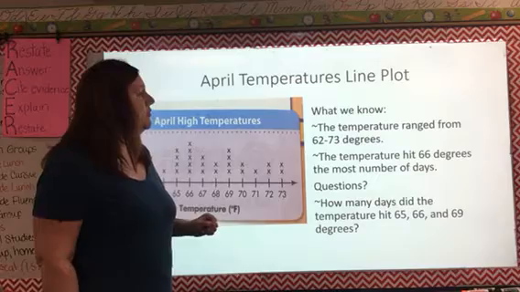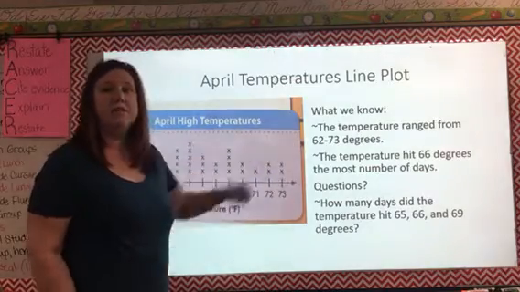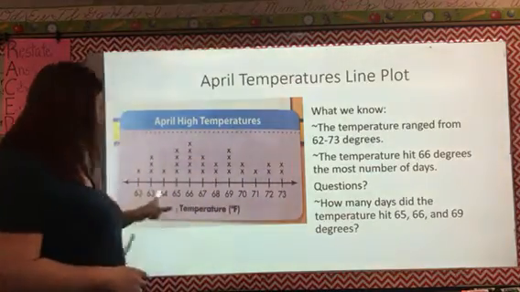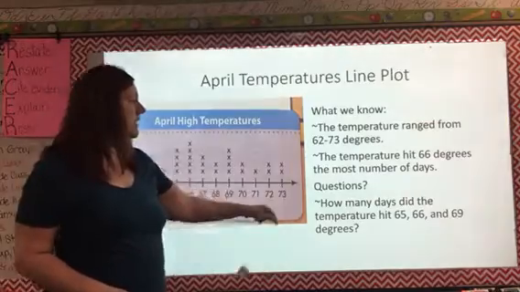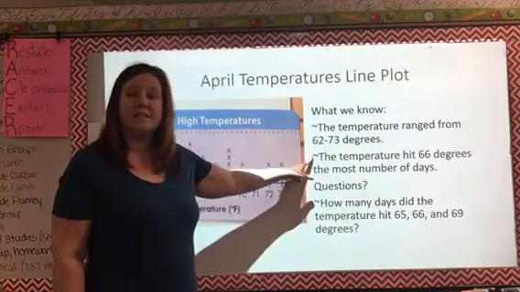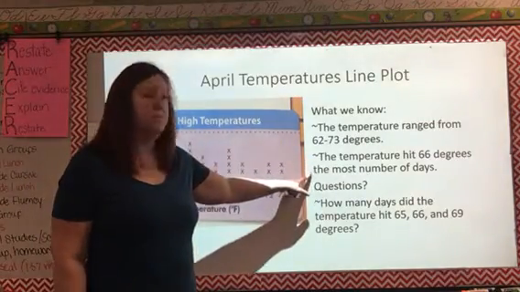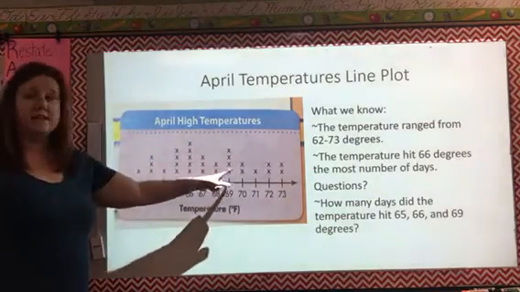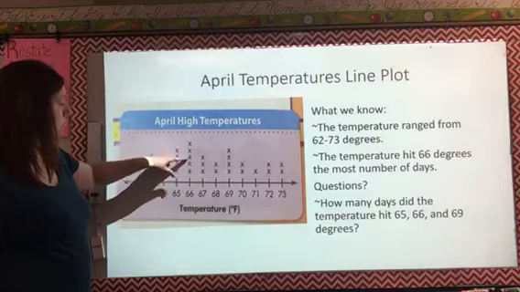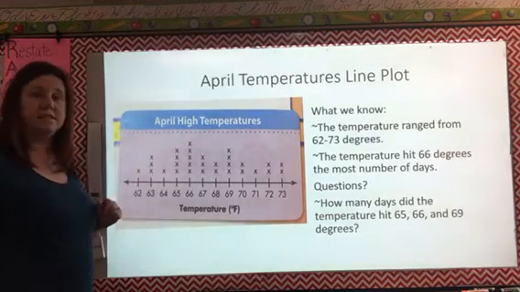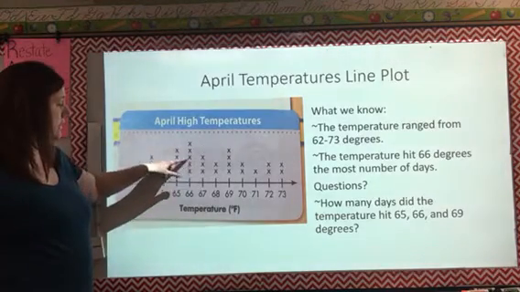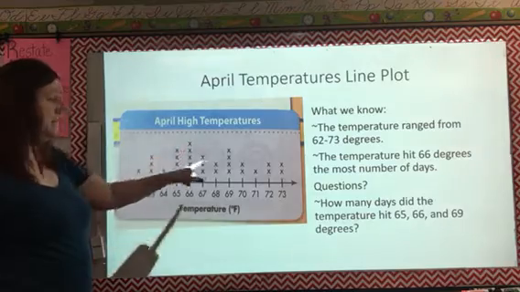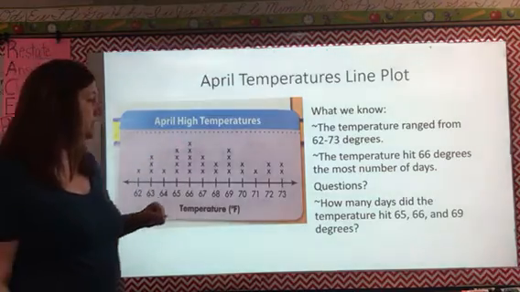We know that the temperature ranged from 62 to 73 degrees, right? And it shows us right there. The temperature hit 66 degrees the most number of days. That means out of all the days in April, there were more days that hit 66 degrees than any other, and you can see that it has 5 here, and that's more than any other degree, okay?